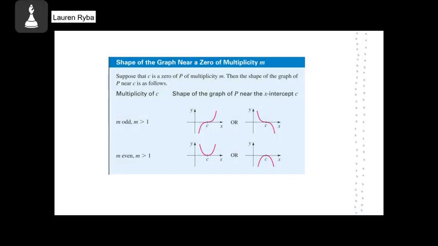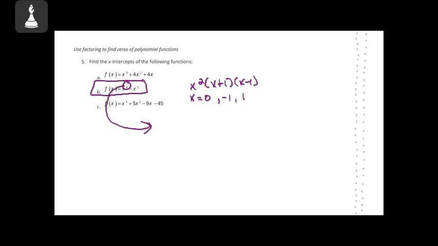Now, the one thing we haven't talked about yet is what is called multiplicity of a 0. So looking back at what we did here, when we worked with B, we had x squared, x plus 1, x minus 1, and we said our zeros were 0, negative 1, and 1. Now, according to the fact that this is a power 4, I should have 4 zeros.